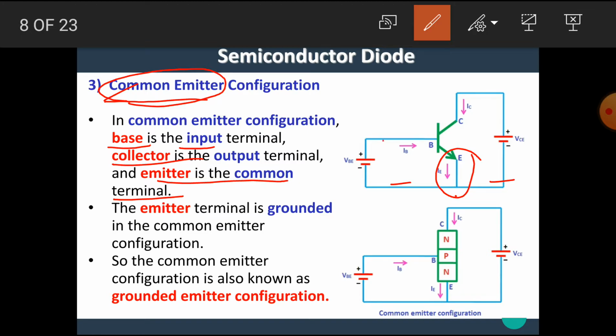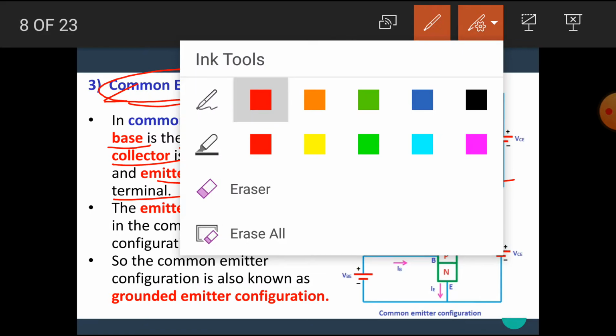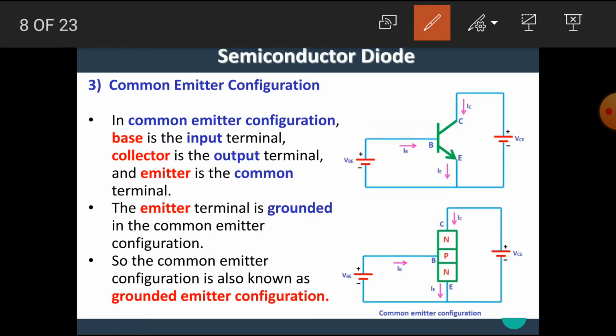The input is the base and the output is the collector. The current in the base is IB and it is called input current. The current in the collector is called IC and it is the output current. The emitter terminal is grounded in the common emitter configuration, so the common emitter configuration is also known as grounded emitter configuration.